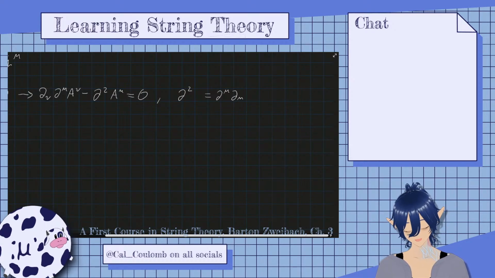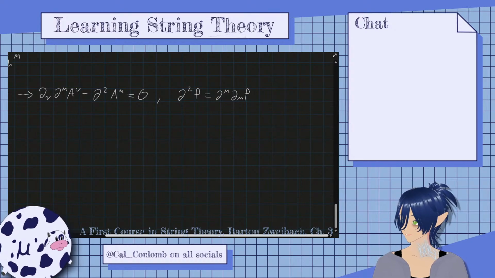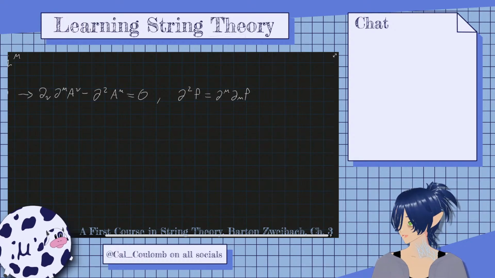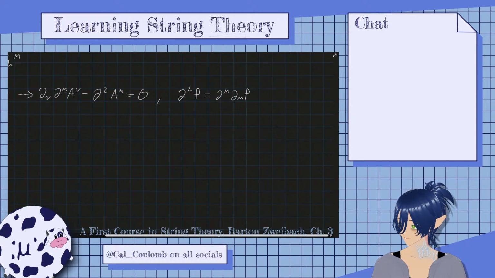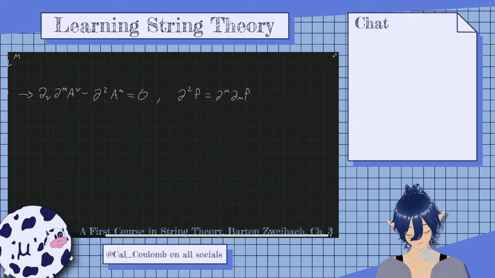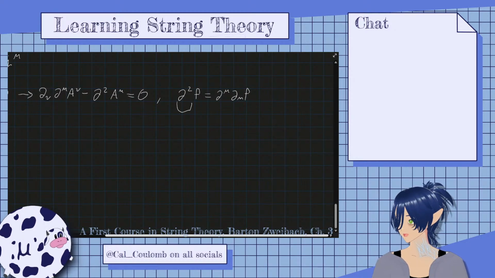So I would say ∂² F is equal to ∂^μ ∂_μ F. But I'm probably being a little pedantic on that. It gets across the same point, but I do think it's important to keep track of these things when you're trying to build up an intuition of what these are as operators.